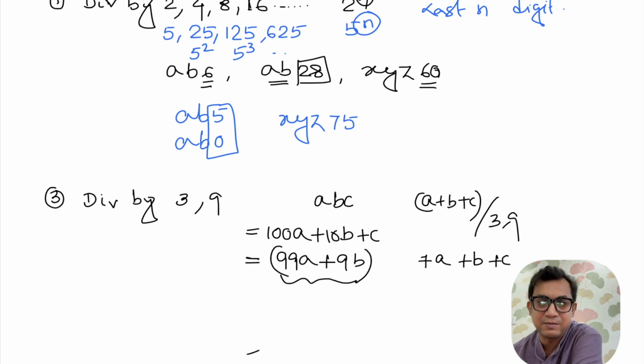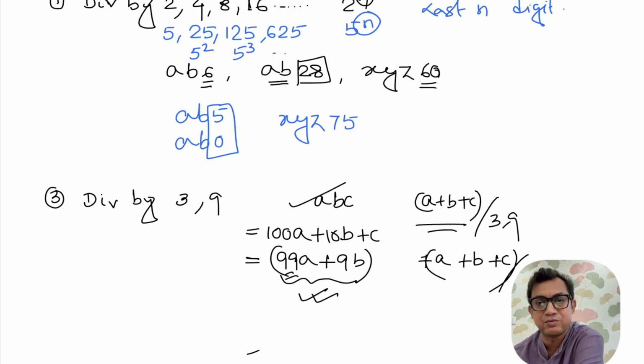This part is already divisible by 3 and 9, because 99 and 9 will already get cancelled by 3 and 9. So if this part is divisible and I want the entire number to be divisible by 3 and 9, the counterpart, A plus B plus C, should be divisible by 3 and 9. Then I can ensure that the entire number is divisible by 3 and 9. And that is what the rule is.